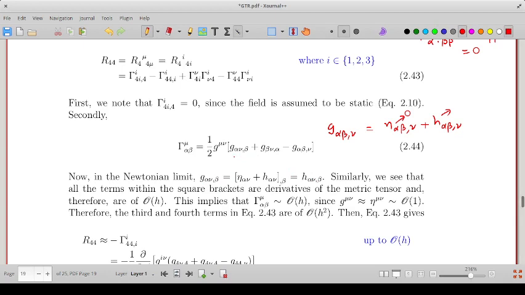So that means the derivative of the metric tensor with respect to a spatial coordinate is at least of the order of h. And this object g mu nu is eta mu nu plus h minus h mu nu. So this is of the order of 1 because we have this factor of eta mu nu over here, and all these factors are at least of the order of h. So this is of the order of h, and this is of the order of 1, and therefore gamma mu alpha beta is at least of the order of h.